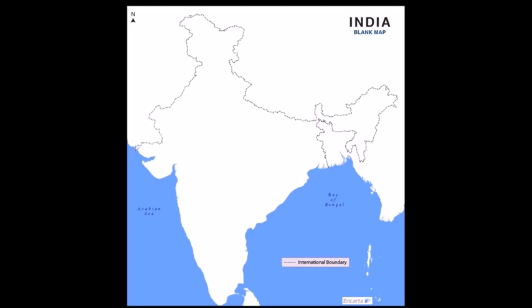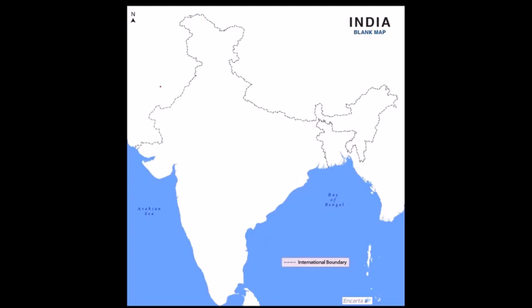India, from the western end to the eastern end, please observe the red dot, from this western end to eastern end, and from this northern end to this southern end, has almost equal distance.